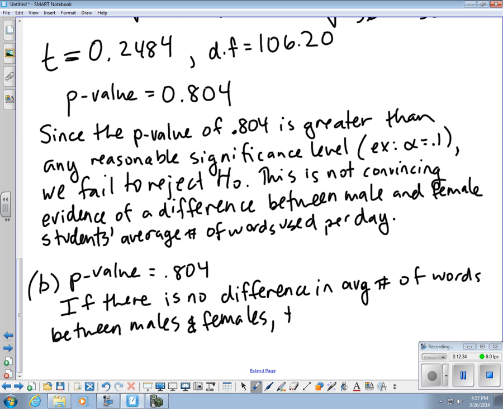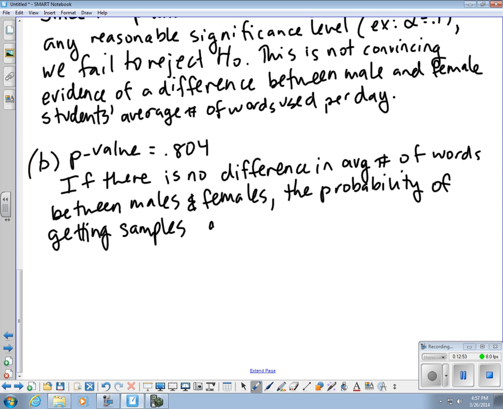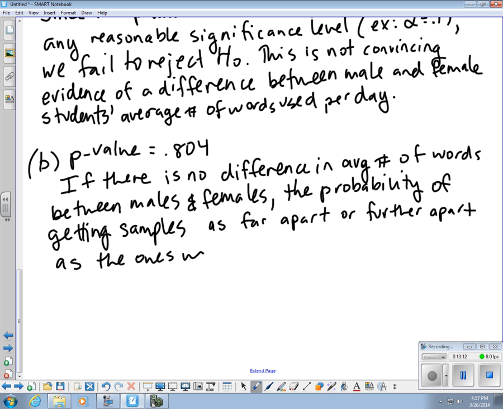So the probability of getting samples as far apart or further apart in average number of words as the ones we got is around 80%, 80.4%.